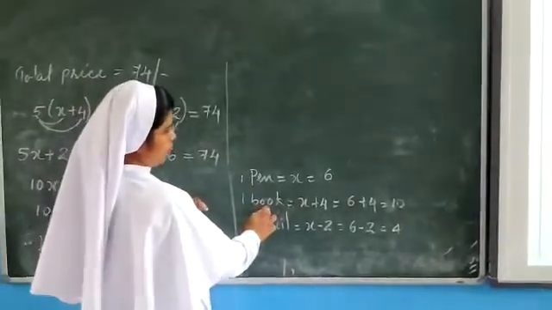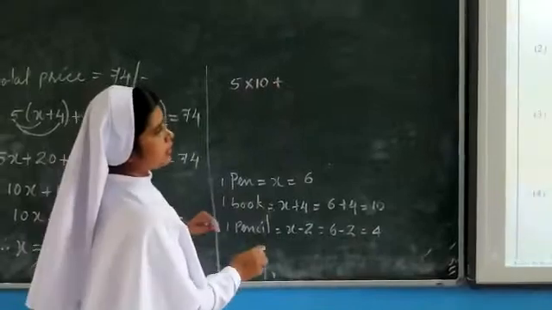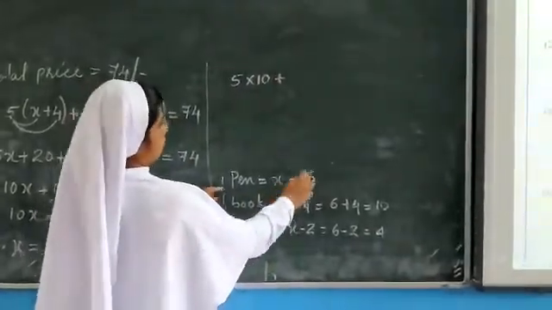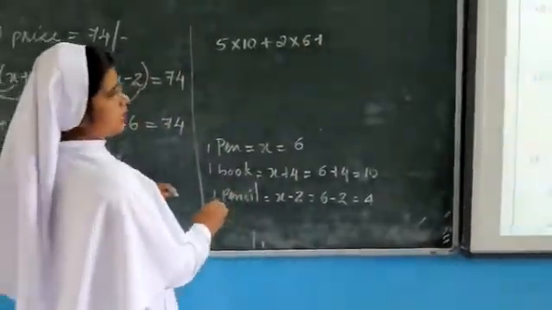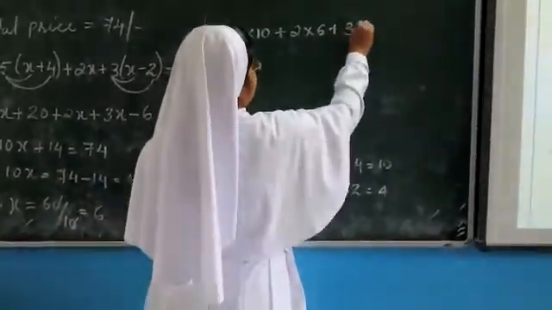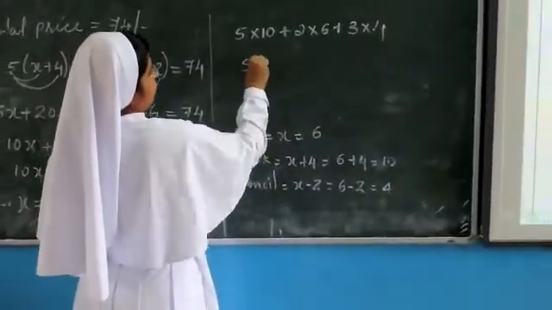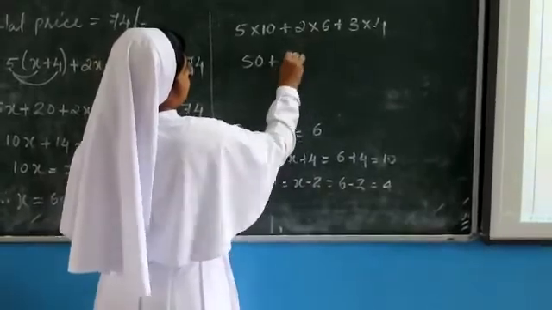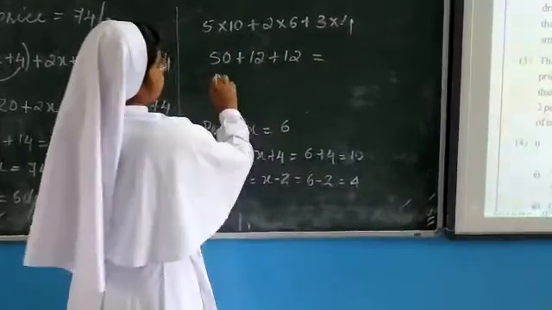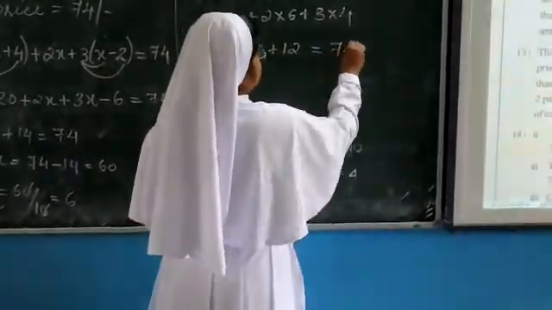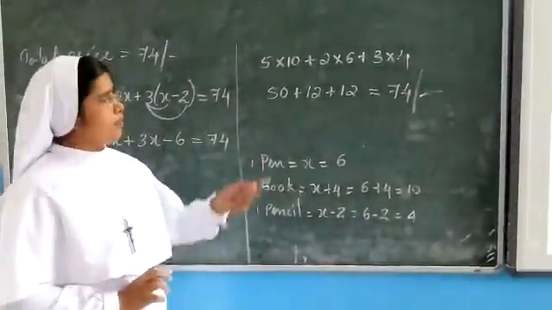What is the price of one book? 5 into 10 plus 2 pens, 2 into 6, plus 3 pencils, 3 into 4. 5 into 10 is 50. 2 into 6, 12. Plus 3 into 4, 12. That is equal to 74. So the total was 74 rupees. Okay.